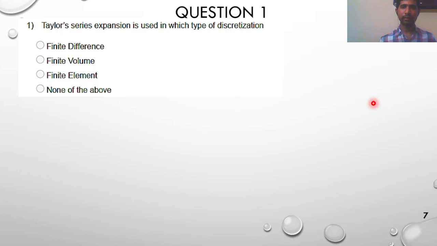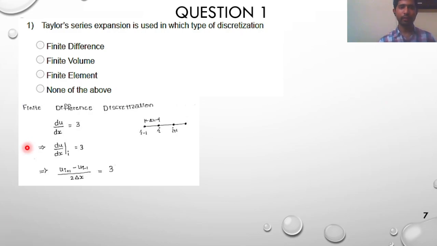I discussed this while talking about the Taylor series also. For example, consider a finite difference discretization. You have a partial differential equation, say du by dx is equal to 3. This is your computational domain and grid, a one dimensional domain with only one dimension x, divided into 4 grid points.